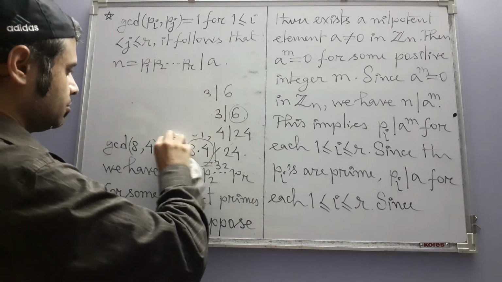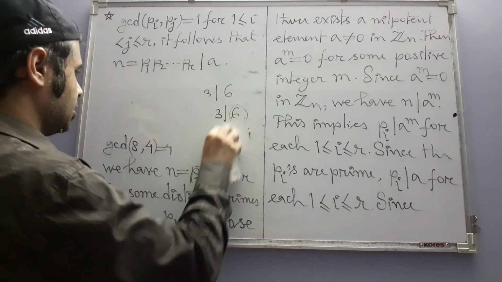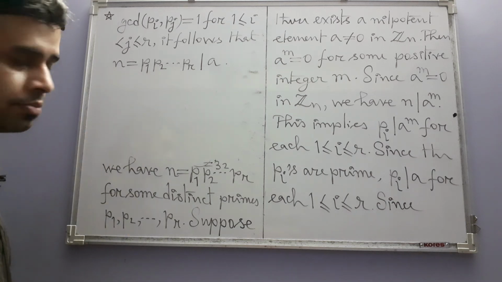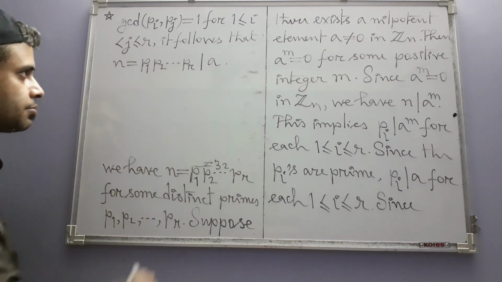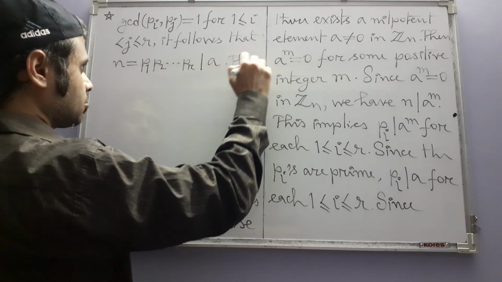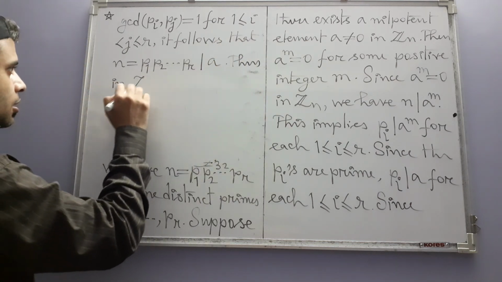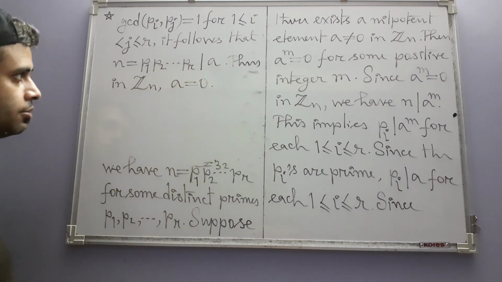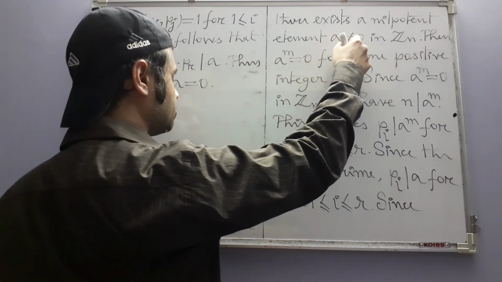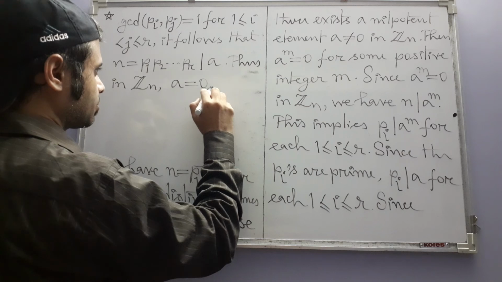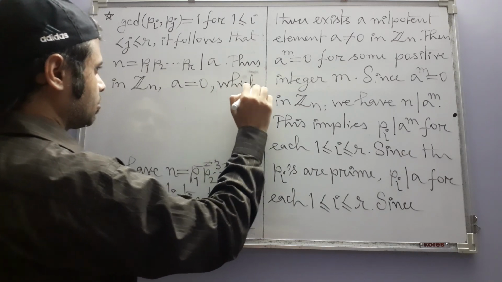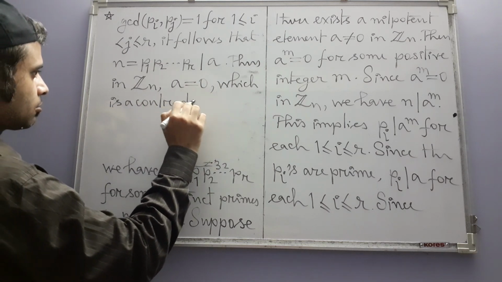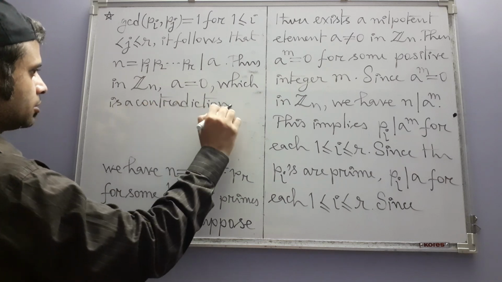But now you see where we are right now. We have proved that n divides a. Thus, in our modular ring, a is equal to 0, and this is a contradiction to the assumption that a is non-zero.